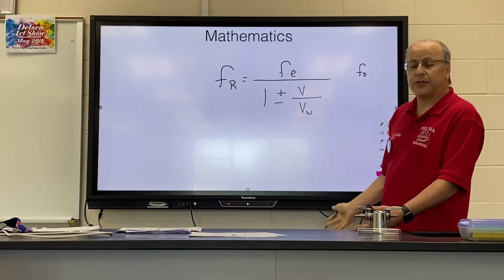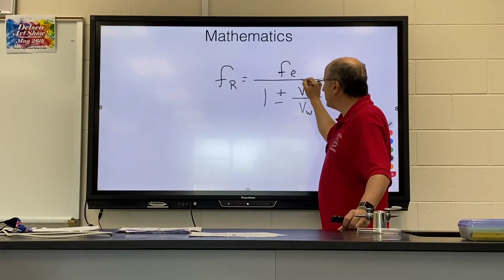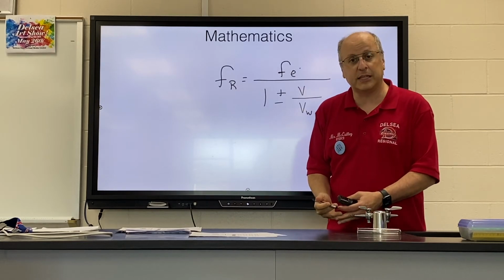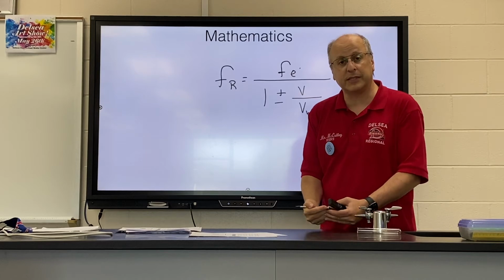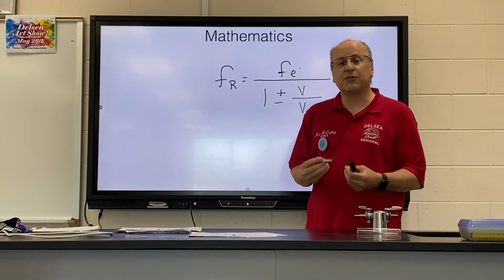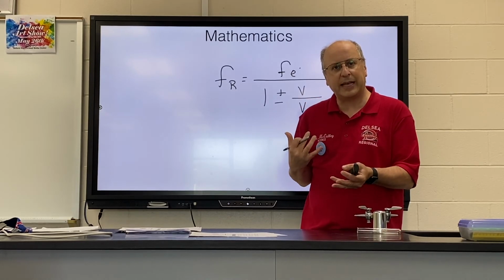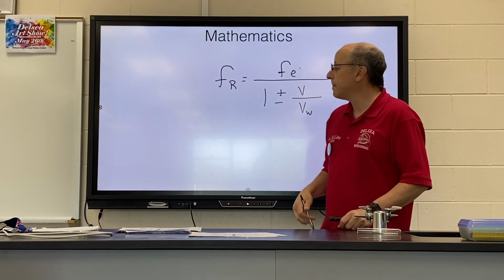You can call it either thing. It doesn't matter what subscript you use. Just make sure you know that this term, the top term, is the original frequency that's being produced, either the frequency of sound or the frequency of light. FR is the frequency received by somebody who is at rest as the thing goes whizzing past them, or is just moving toward them or moving away from them.